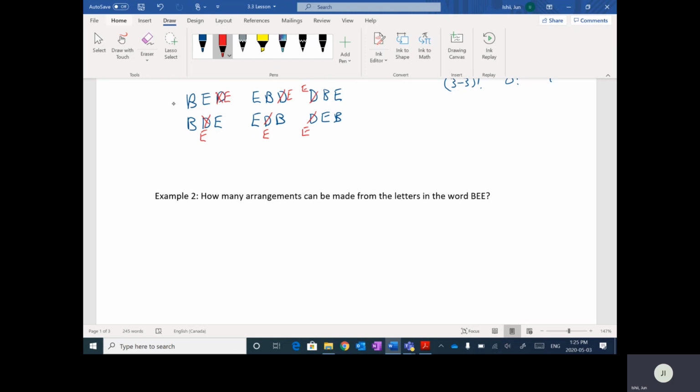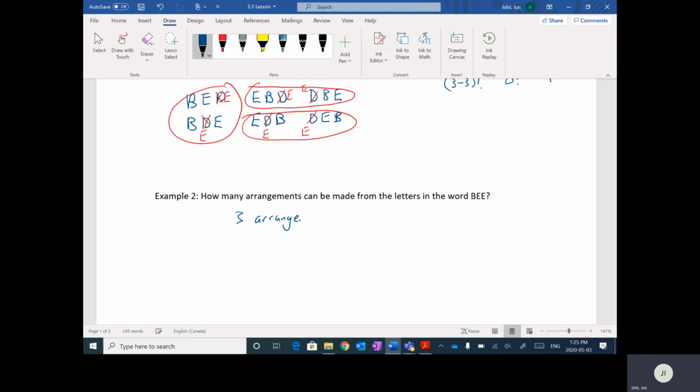These are actually the same, so maybe I'll circle these 2. Here I got EBE and EBE, so these 2 are the same. And likewise, EEB, EEB, these are the same. So instead of having 6, we will only have 3 arrangements.